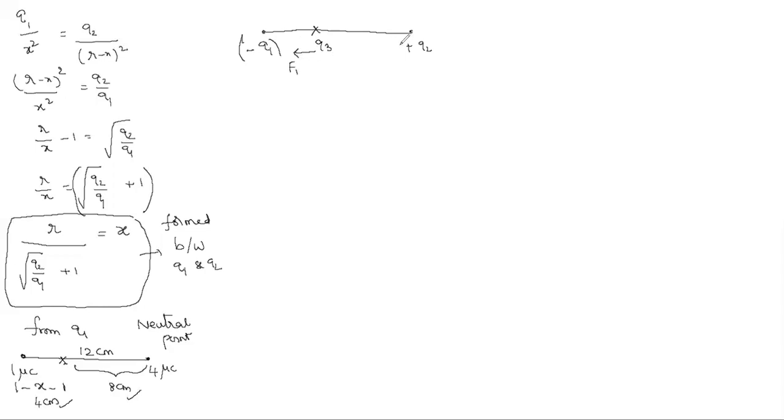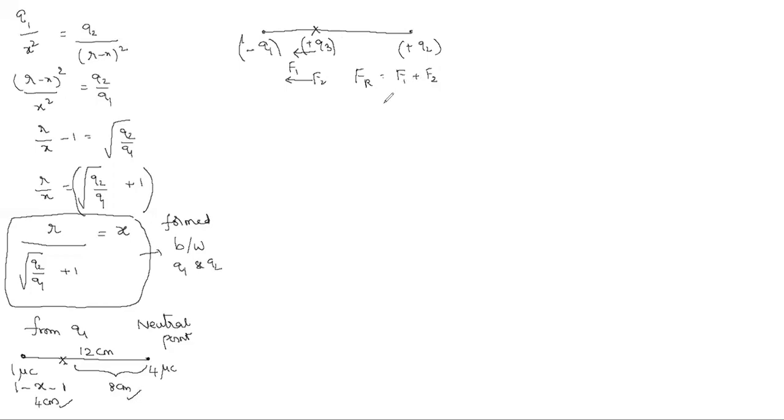And on Q3, suppose I am taking a positive charge, it is repulsive. Repulsive means towards left or right on Q3? Right. So are you getting both in the same direction or opposite direction? Same direction. Same direction means the resultant F is F1 plus F2 together.